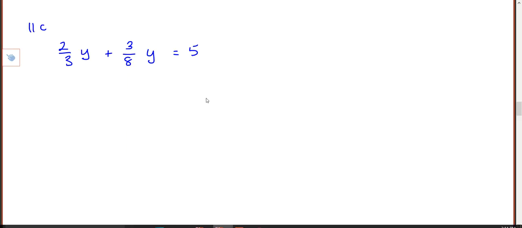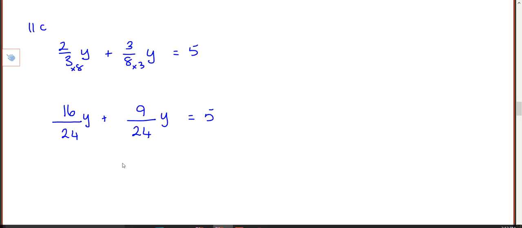What value? You're timesing it by, so that'll be 24. Yes. Okay, so I've got y. So this would then be 16 and this would be 9. So I'm going to deal with that first and put them together.